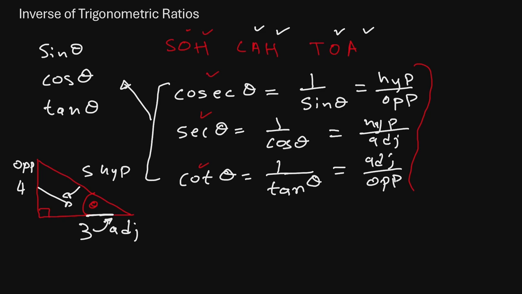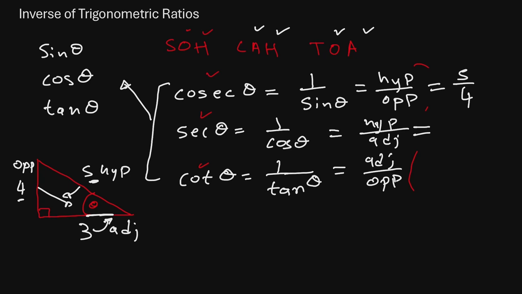So cosec is going to be equivalent to what? Remember, cosec is hypotenuse over opposite. The hypotenuse is 5, the opposite is 4, so this will be 5 over 4. And if we talk about sec, sec will be hypotenuse over adjacent.